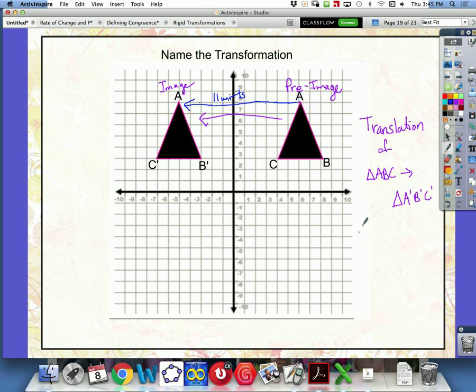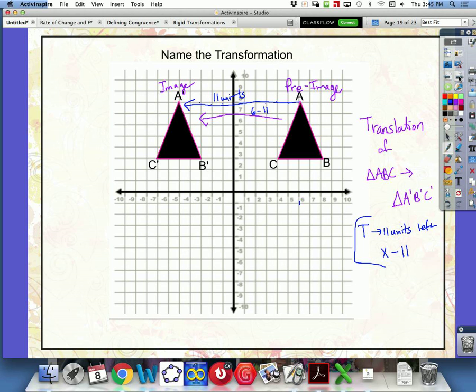So we would say that it translated 11 units to the left, or we might say that that's x minus 11, because the x coordinate started here at 6 and it ended up at -5, and that is 6 minus 11. So you'll practice writing these rules in the next section on translations.